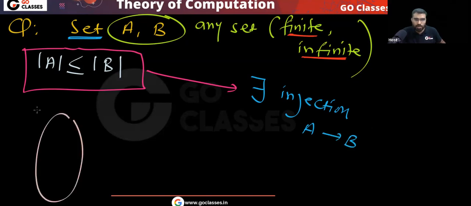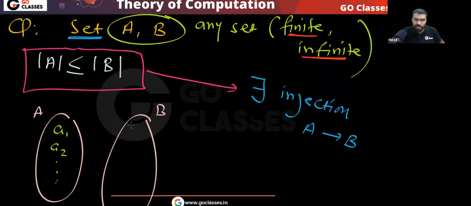Cardinality of A is less than or equal to cardinality of B, this is already given to you. In this situation, you can create an injection. There exists an injection.